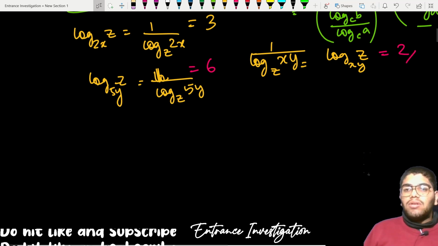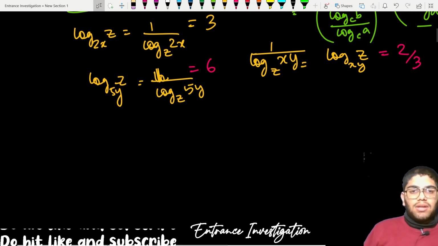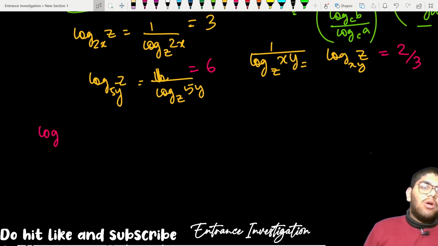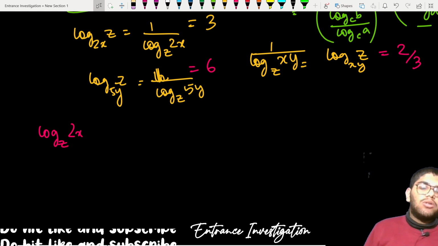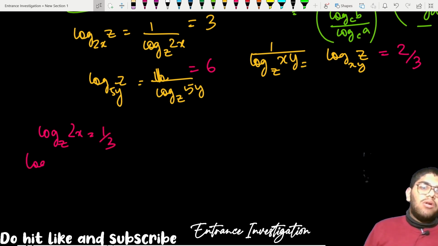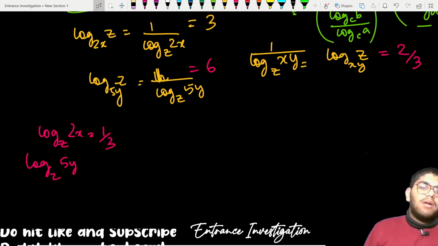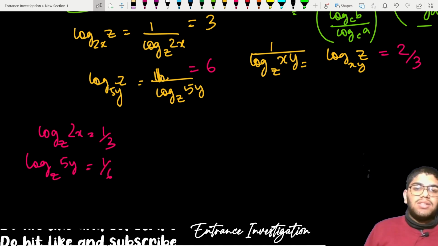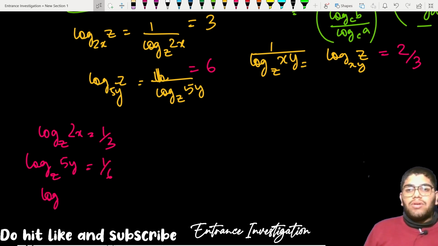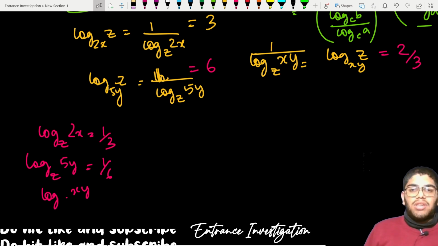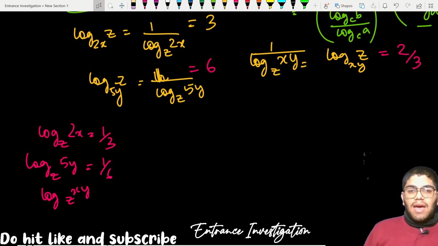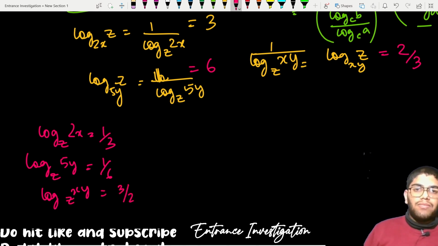Hence I get log of 2x base z to be 1 by 3, log of 5y base z as 1 by 6, and log of xy base z as 3 by 2.